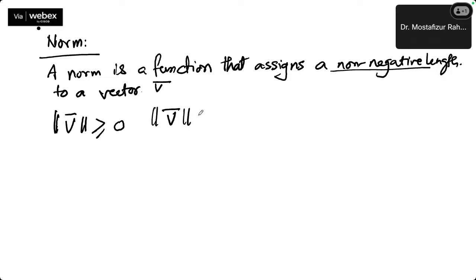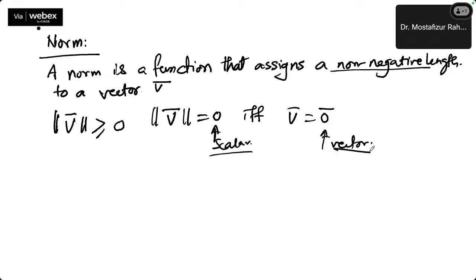It is equal to 0 if and only if the vector V equals the 0 vector. So this 0 and this 0 are different. This one is a length, a scalar, and this 0 is a vector, which means there are multiple components, many such zeros.